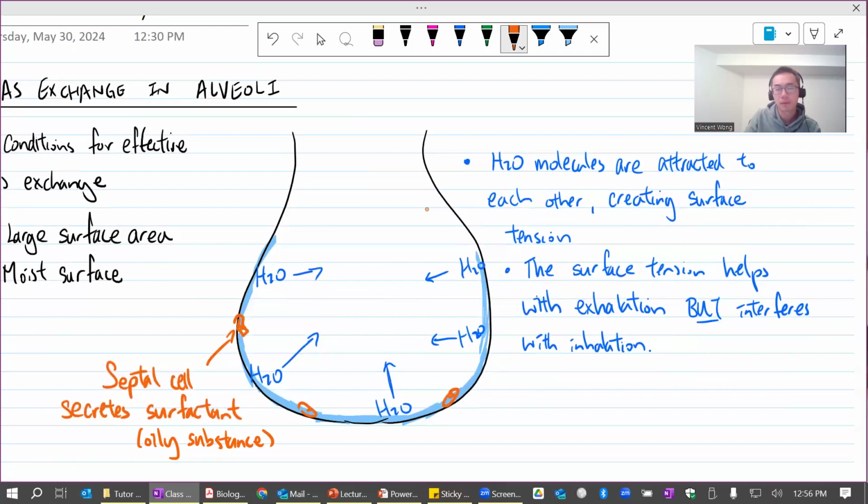I'm sure you know oil and water don't mix together. So it secretes a surfactant, and the surfactant is going to break some of the surface tension. So surfactant breaks some surface tension.